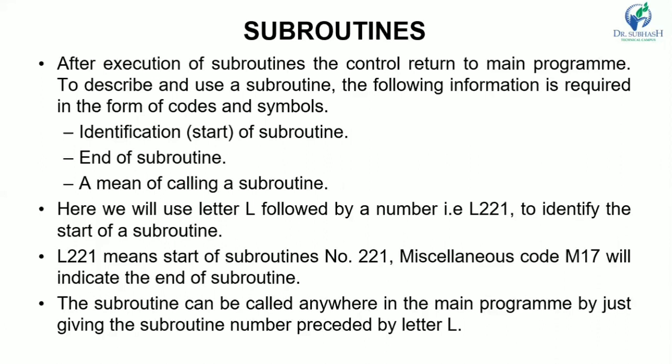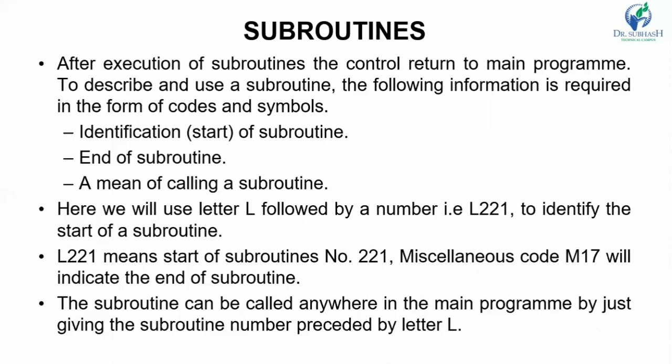After execution of the subroutine, the control returns to the main program. To define and use the subroutine, the information is required in the form of codes and symbols to identify the start of the subroutine, the end of the subroutine, and the meaning of calling a subroutine.